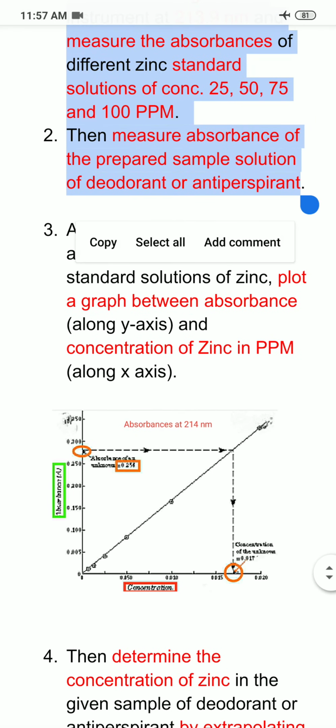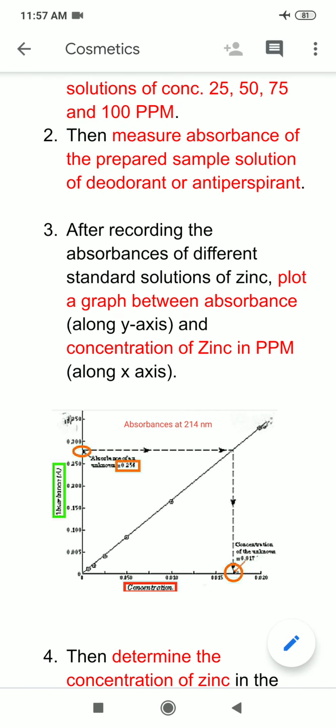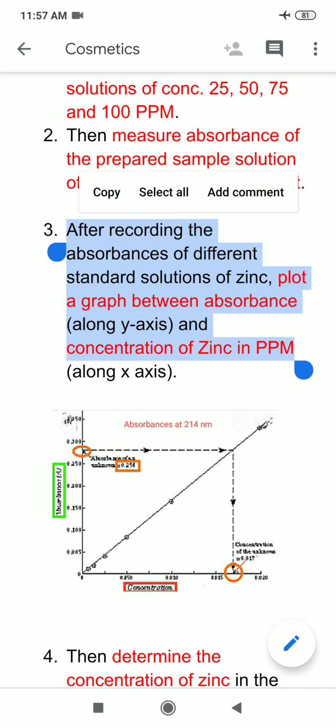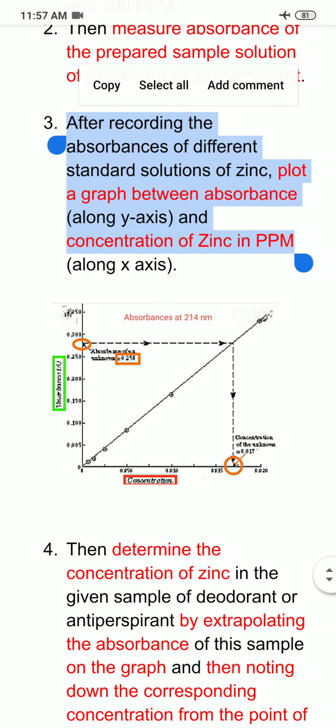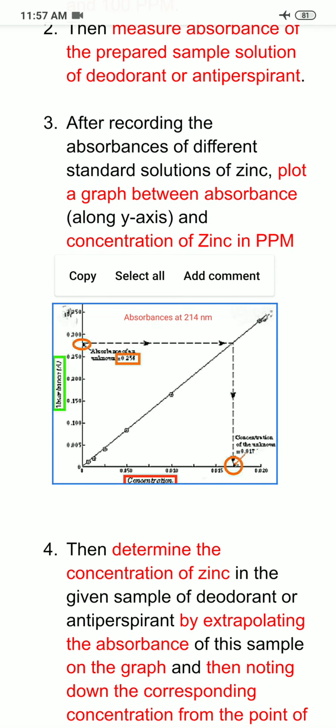After recording the absorbances of all these, you need to plot a graph between the absorbance and concentration of zinc in ppm. So you can plot that by taking the absorbance along the y-axis and concentration of zinc along the x-axis. So you will get this sort of graph.